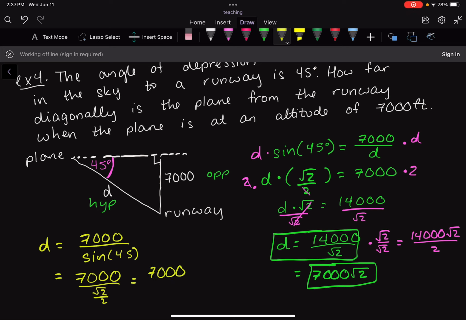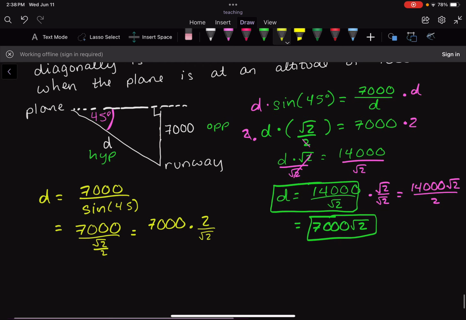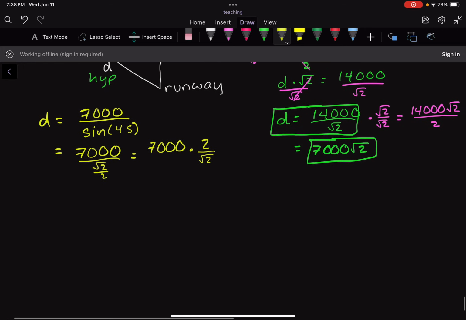So this is the same as 7,000 times 2 over root 2. Because when you change it from division to multiplication, you have to flip the fraction. You may have learned it as keep, change, flip, or something like that. All right, so I'm going to keep on going on over to our next example now. Just be careful with the algebra of that one.